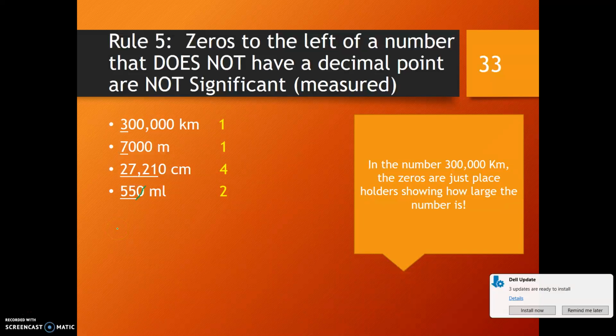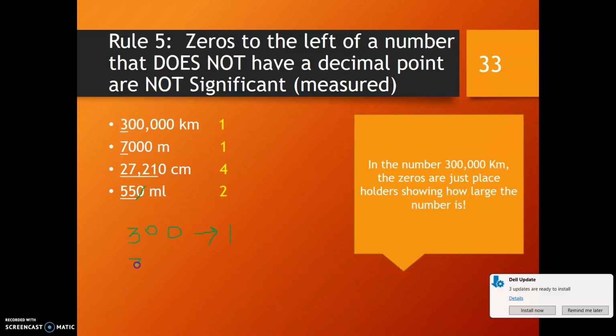Now, as I had mentioned a minute ago, let's talk about the what ifs. If the number is 300, use my funky writing on the screen. If the number is 300, then it would have a total of 1 sig fig because of Rule 5.